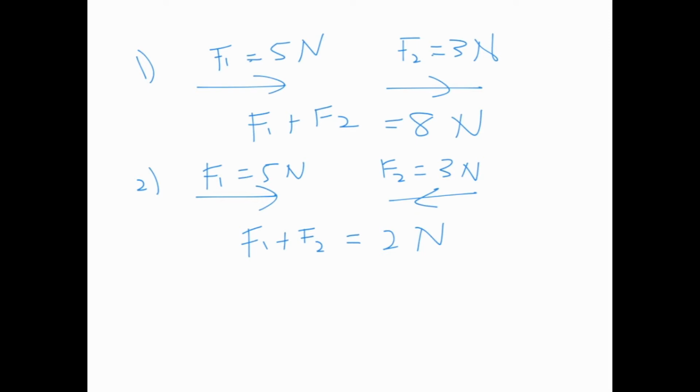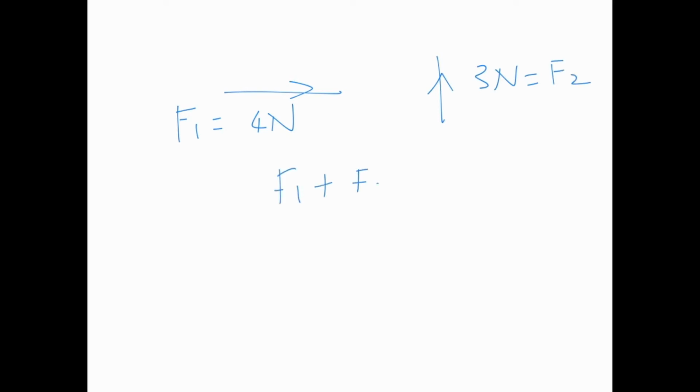The complication starts when the vectors are not parallel to each other. For example, let's say you have F1, 4 newtons to the right, and then a vector F2, 3 newtons upwards. When I say F1 plus F2, I cannot just take 4 plus 3 or 4 minus 3 because they're not parallel.